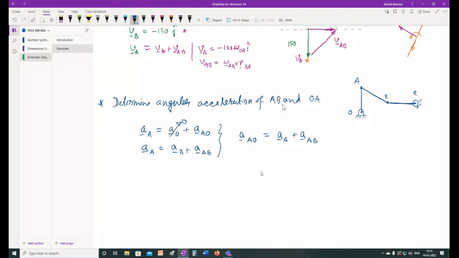Okay. Yes, sir. So now we go back to our derivation. Any point's acceleration, any point like this, let's say I am writing acceleration of A with respect to B. How many components are there in this acceleration? Two? No, not for this particular case.